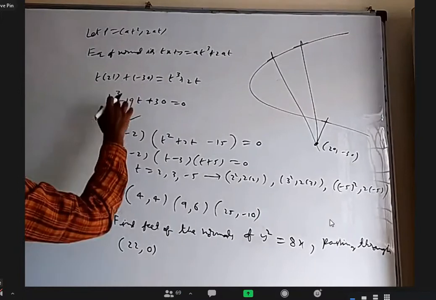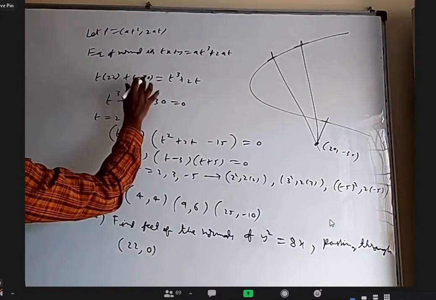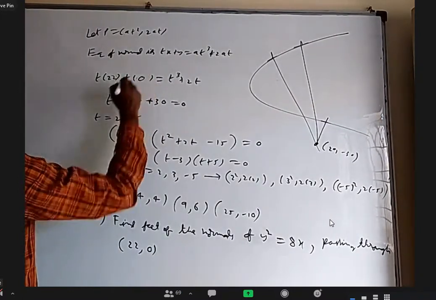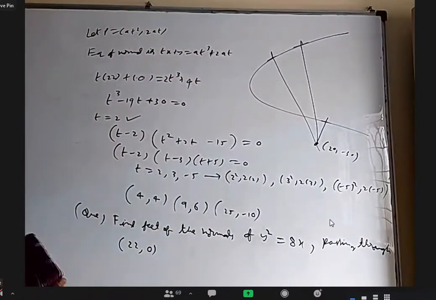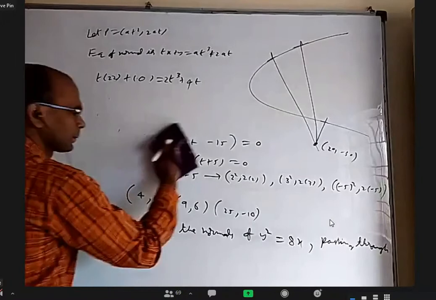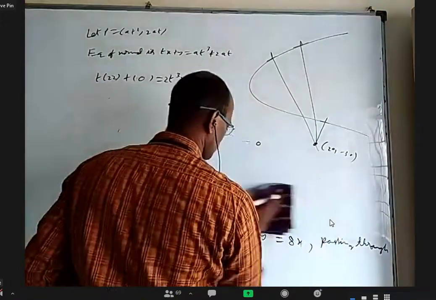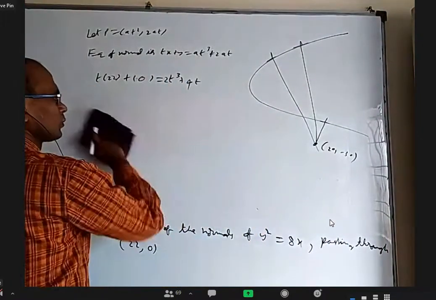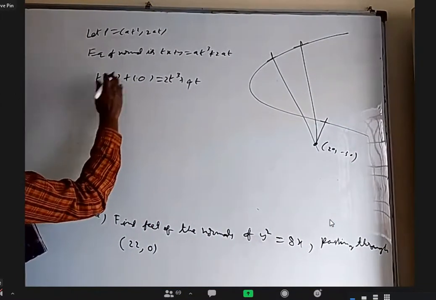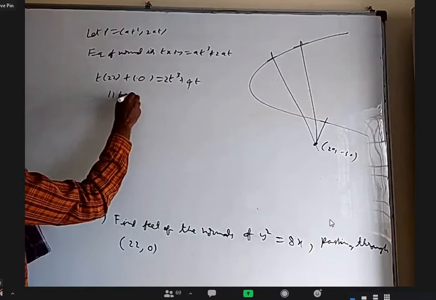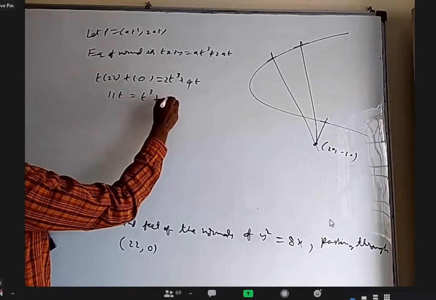Okay, same procedure. Here you just put 22 and here you put 0. Here it is 2t cube. Here it is 4t because a value is 2 here. So if I divide by 2, 11t is equal to t cube plus 2t.